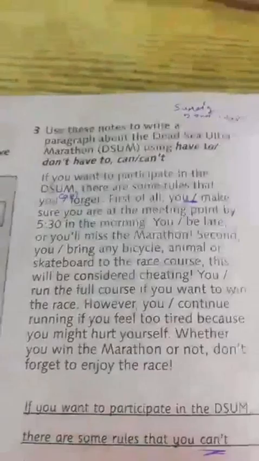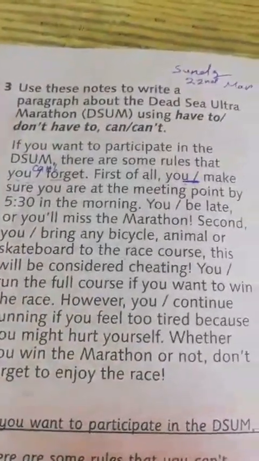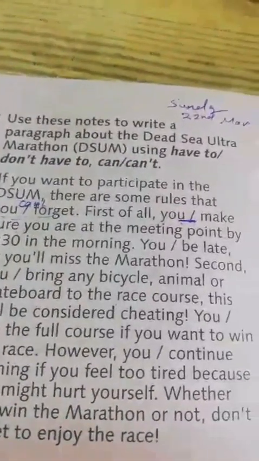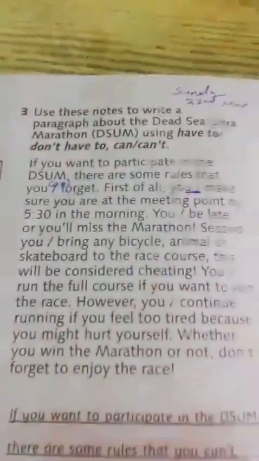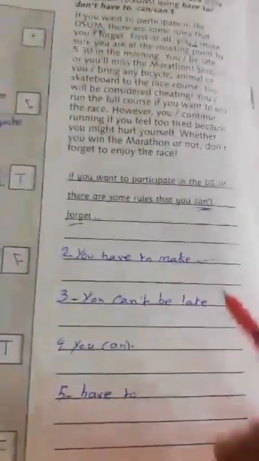Now, exercise number 3. Use the notes to write a paragraph about the Dead Sea Ultra Marathon, DSUM, using have to, don't have to, can, and can't. Now we will write the answers like this on the lines.